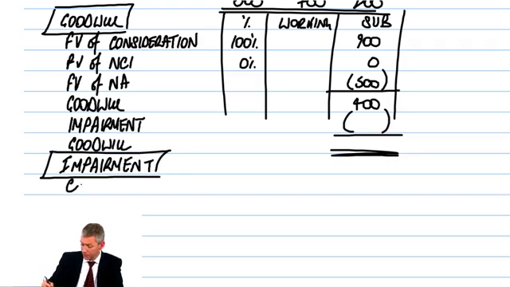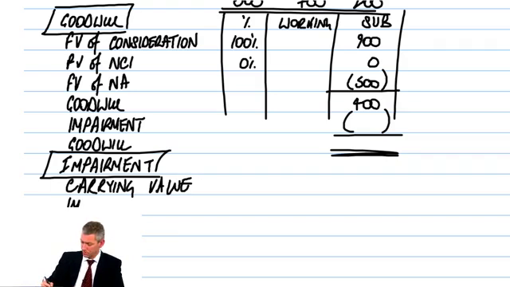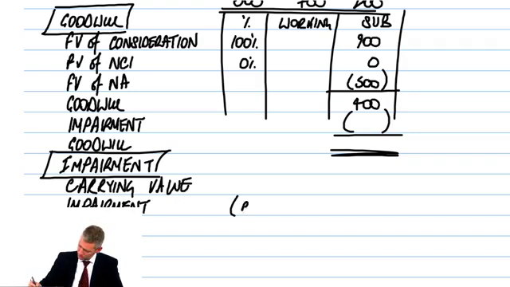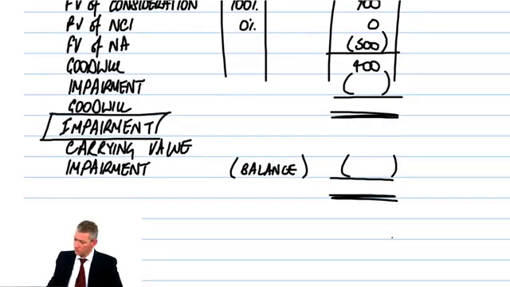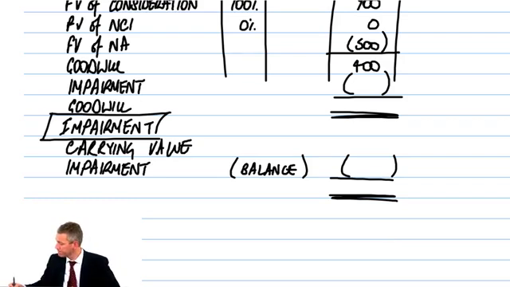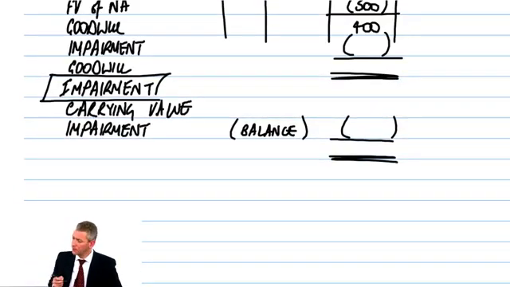What we do is we compare the carrying value to the recoverable value to give us the impairment as a balancing figure. Like so.